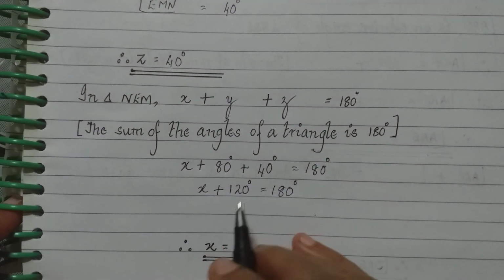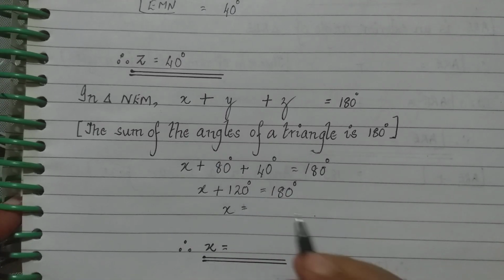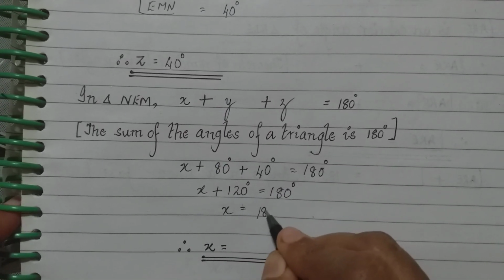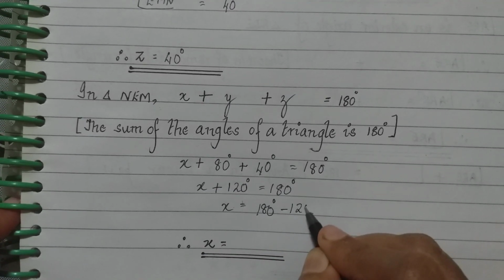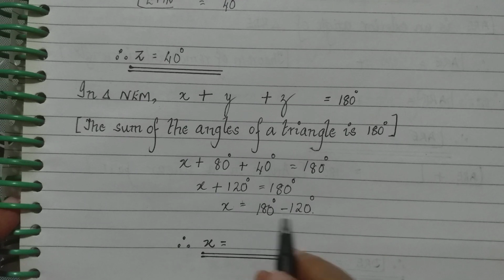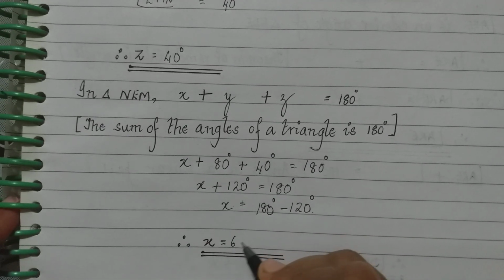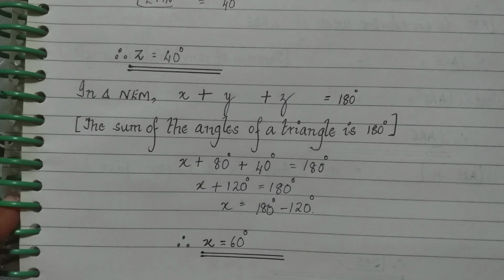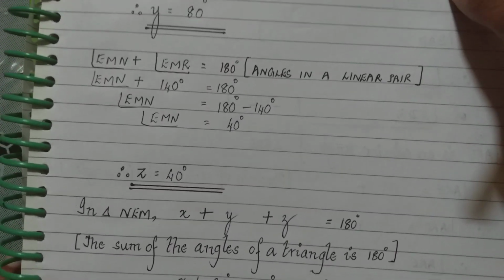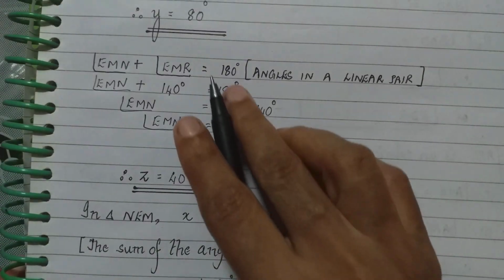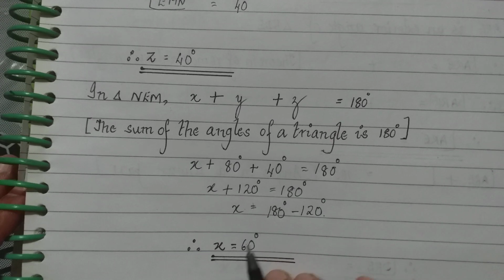So X is equal to, we take 120 degree to the other side, 180 degree minus 120 degree. 180 degree minus 120 degree is 60 degree. Therefore, X is equal to 60 degree. Therefore, we have found the values of all the three angles. Here we said Y is 80 degree, Z is 40 degree and X is 60 degree.